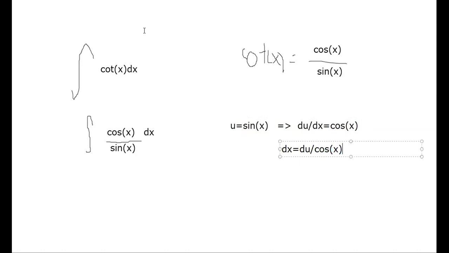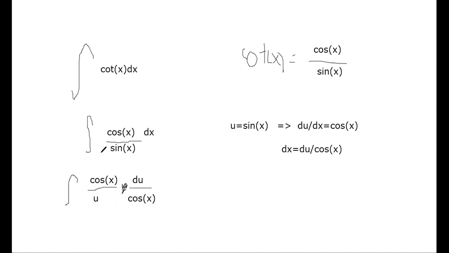So when we make this substitution, we end up getting cosine of x over u times du over cosine of x.